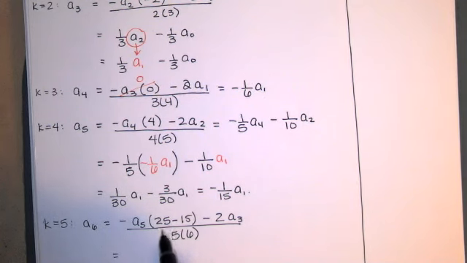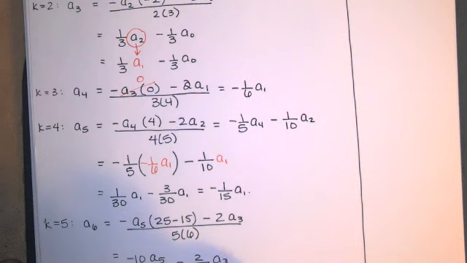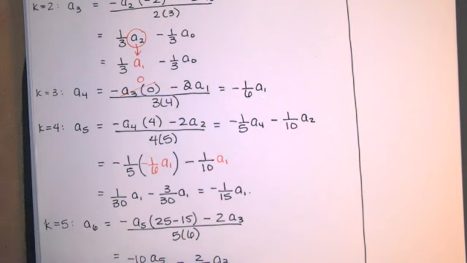So we end up with negative 10 times a sub 5 over 30 minus 2 over 30 times a sub 3. So this is negative 1/3 times a sub 5 minus 1/5, or excuse me, 1/15 of a sub 3.